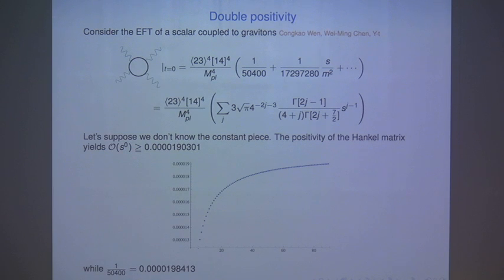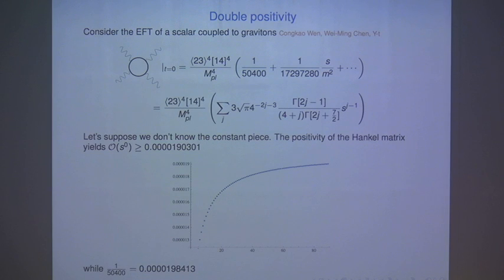Just to show you the power of this positivity constraint from the Hankel matrix, imagine that you have some massive vector here, coupled to gravitons, and I'm computing the one loop effective action. So I can compute the amplitude and expand it out in terms of large mass expansion. In the forward limit, because I just want to capture the powers of S, there's a closed formula for the coefficient. So let's just imagine you don't know what the leading coefficient is, and you just know the remaining coefficients.